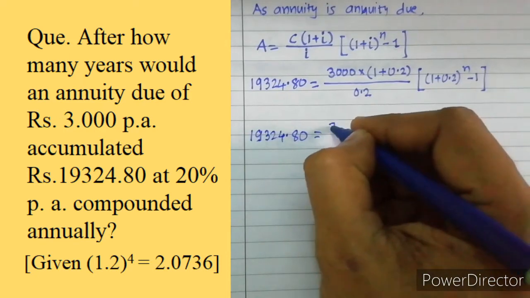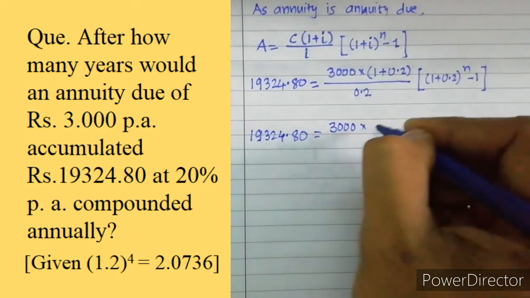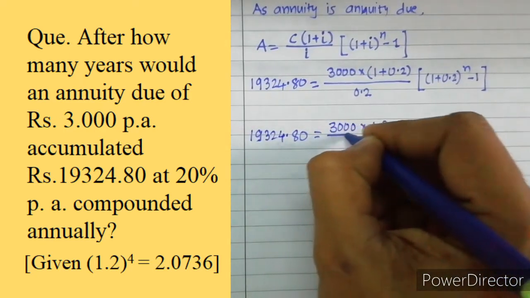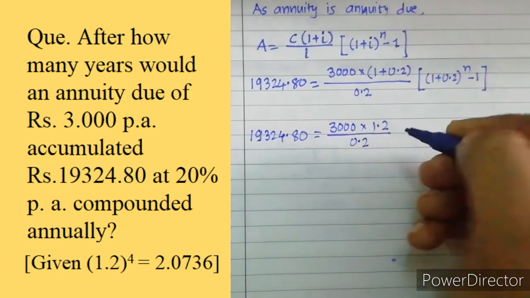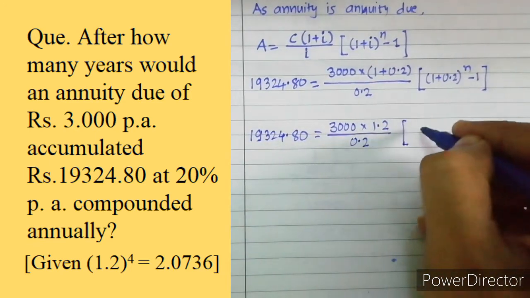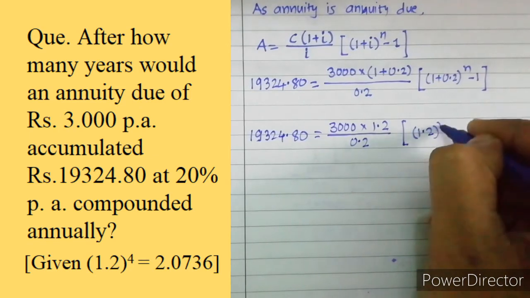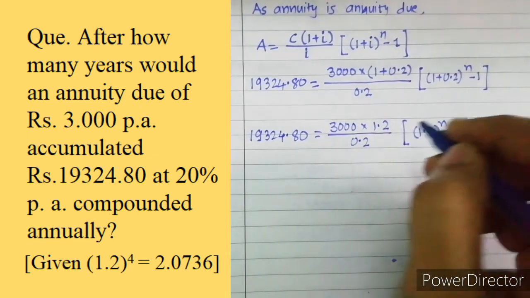So 19324.80 equals 3,000 into 1.2 divided by 0.2, into 1.2 bracket raised to n minus 1.